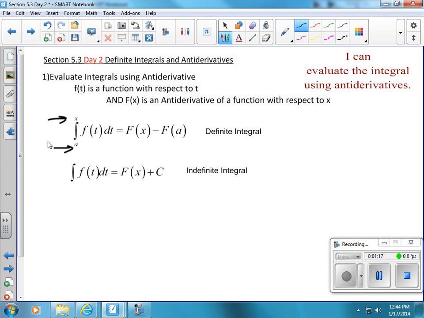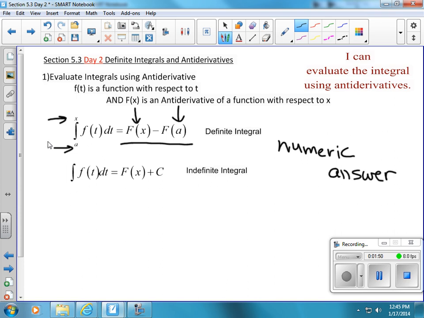And when you have specific numbers for a and x, or a and b, sometimes we've called it, then you can calculate it by taking the antiderivative function, plugging in x, and subtracting the antiderivative function plugging in the lower limit, the a number. That is called a definite integral. That means we get a specific numeric answer.